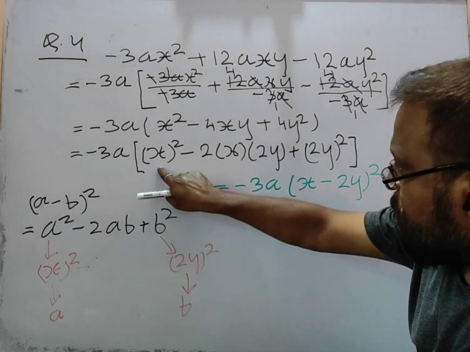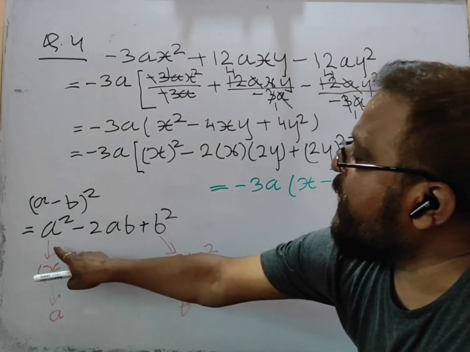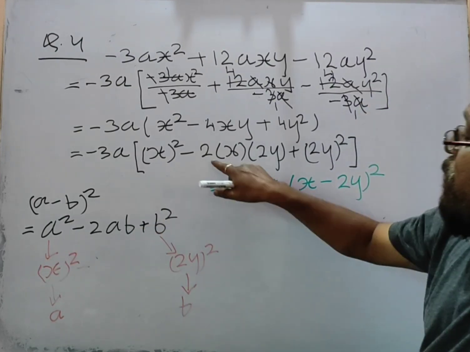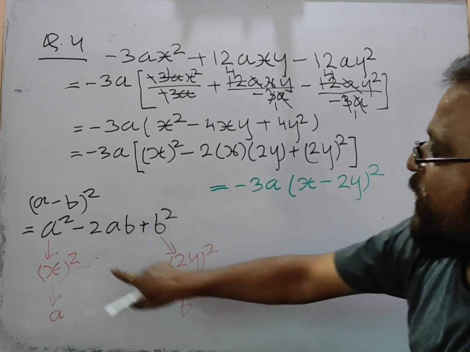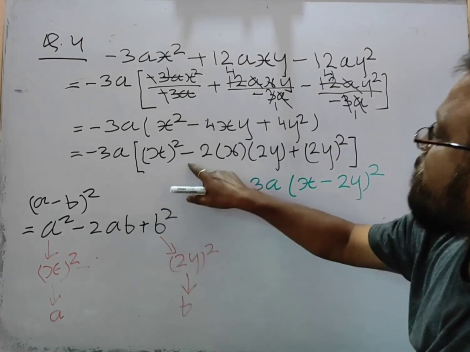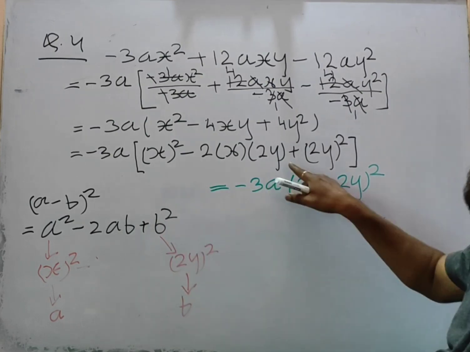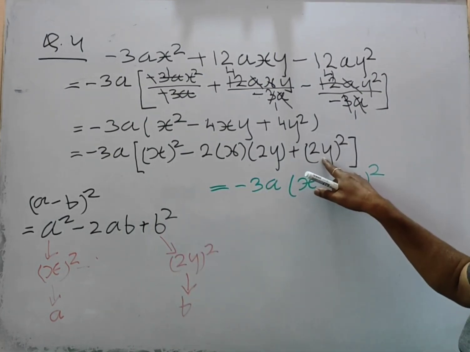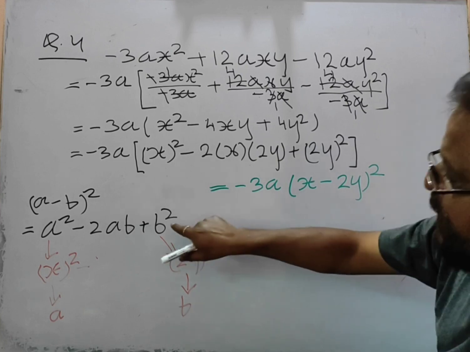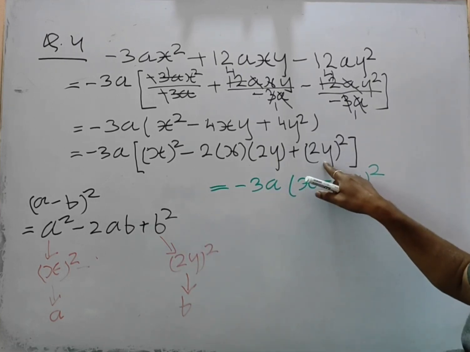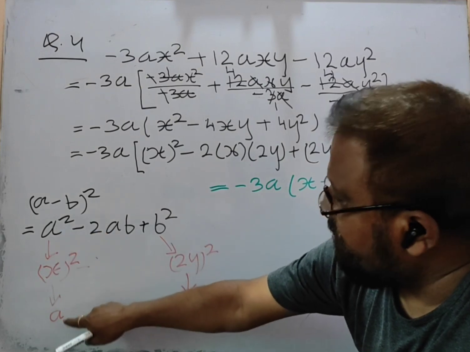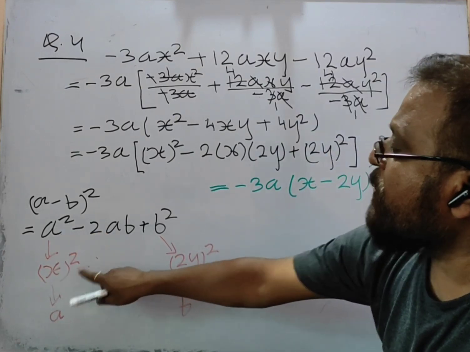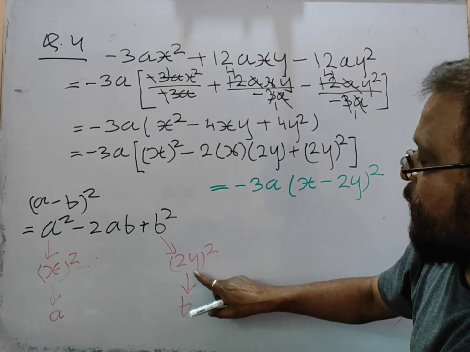I wrote it down. This x square becomes a square. This 2x into 2y becomes minus 2ab. This is minus, and plus b square, this b square becomes 2y whole square, and this a belongs to x whole square, and b belongs to 2y whole square.